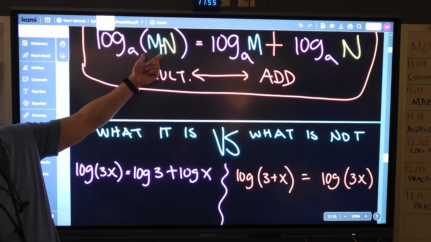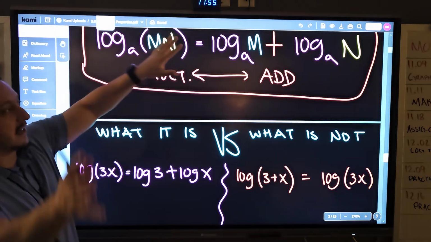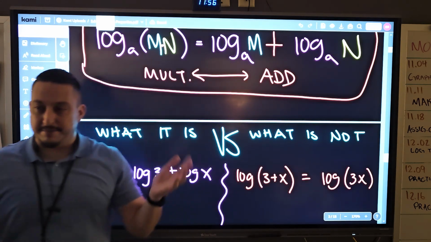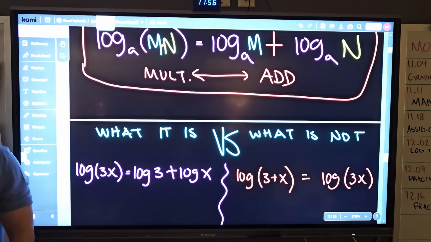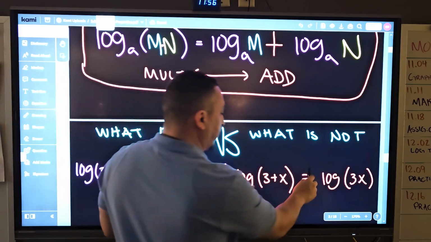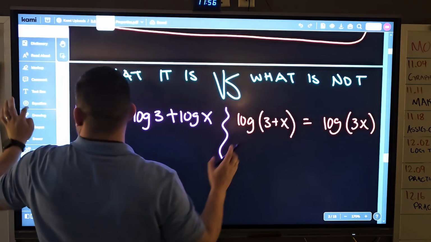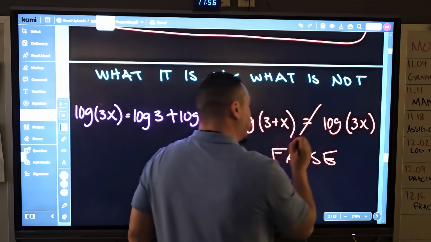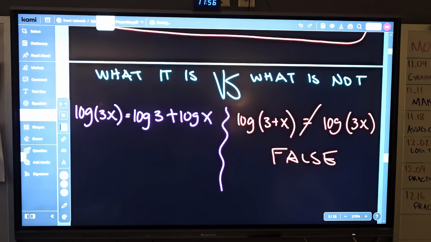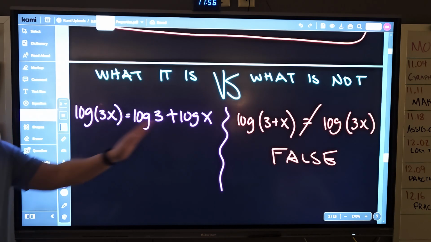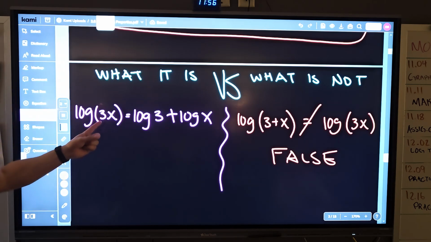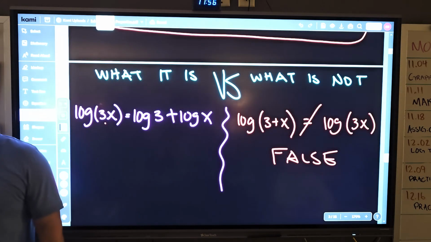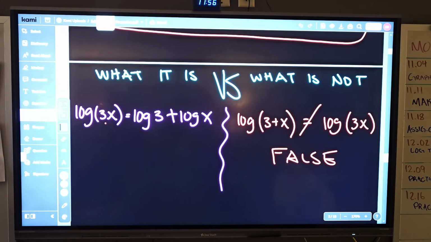Inside the parentheses you have the m times n. Outside you have the plus. Here they're putting the plus in the argument. That doesn't work like that. So you can't do that. This is false. Not true. So just be careful. You can do it when it's multiplying, but you can't take the add and turn it into multiplying. Does that make sense, guys, what I'm saying?